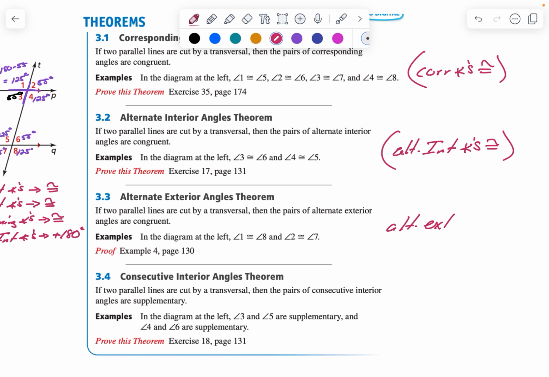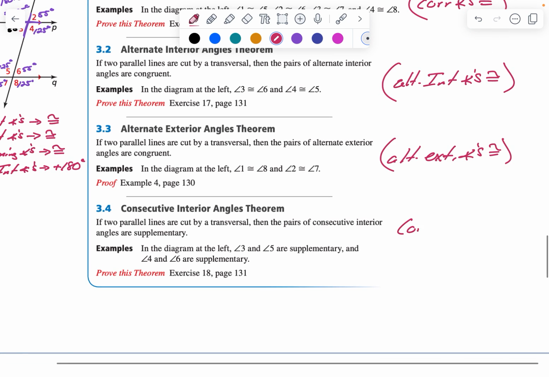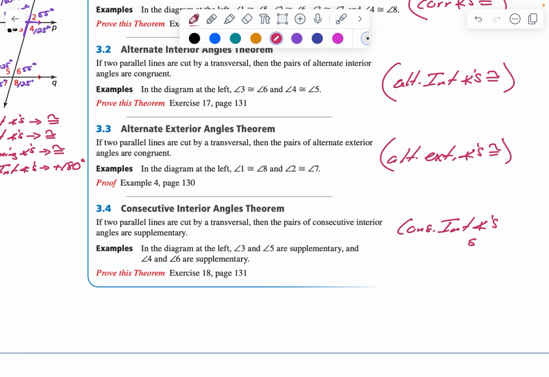Alternate exterior angles congruent. And then consecutive interior angles, we'll say supplementary, or you could say add to 180. That's all fine.